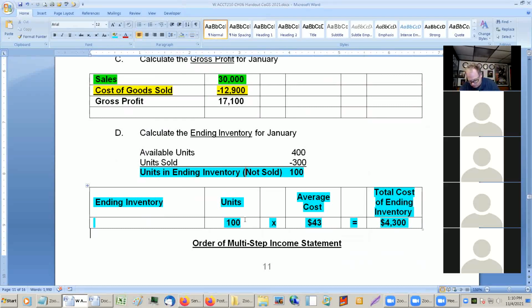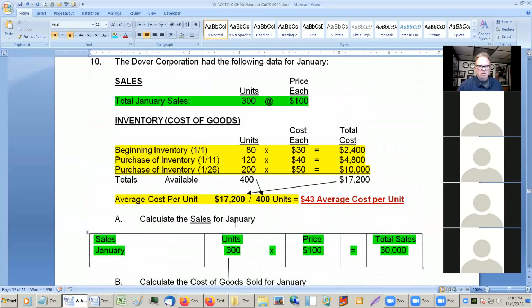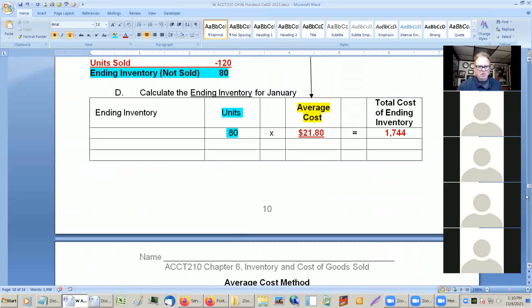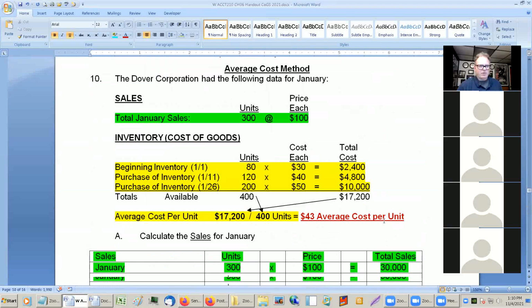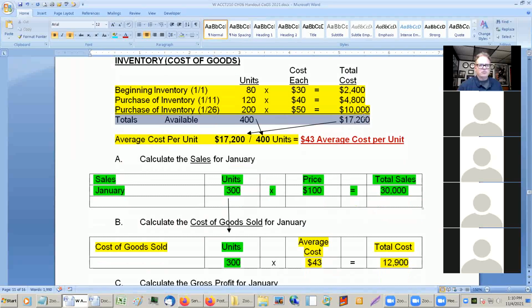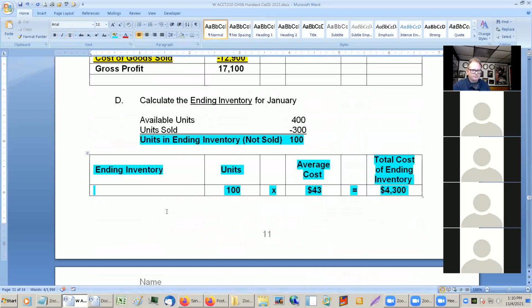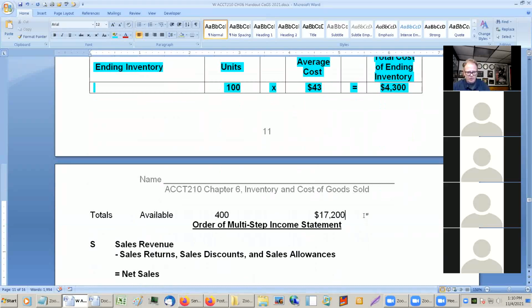Wait a minute, I went too far. I want to show you something too, though. Here we got this total 400 at 1720. We'll go to the next page here, get some more room. You don't have to write this down.